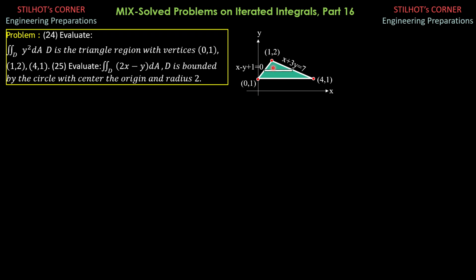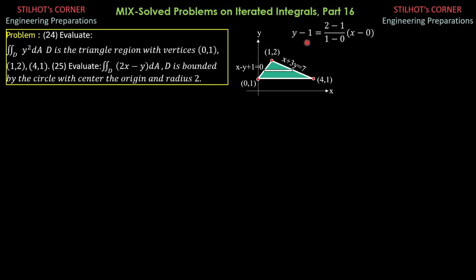So by 2-point form, I select 0, 1 as point 1. So y minus y1, y minus 1 equals slope, which is 2 minus 1 over 1 minus 0 times quantity x minus 0. So simplifying, this is 1.